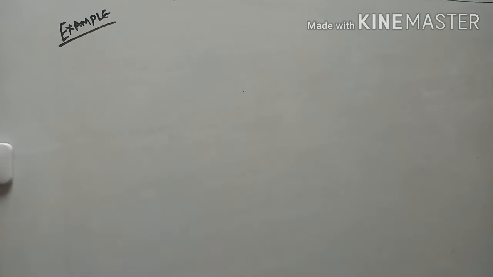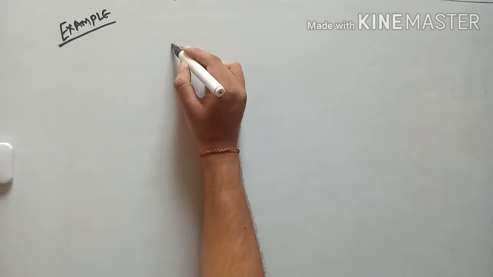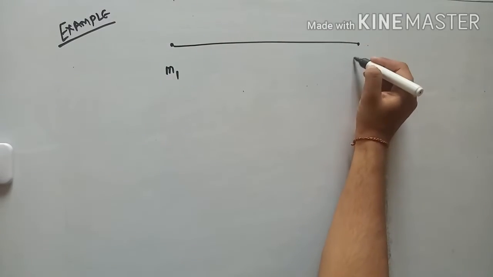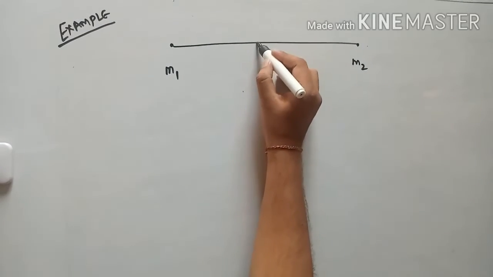So friends, let us take a very simple example here to understand this concept. This is mass m1 and this is mass m2 and this is the center of mass.